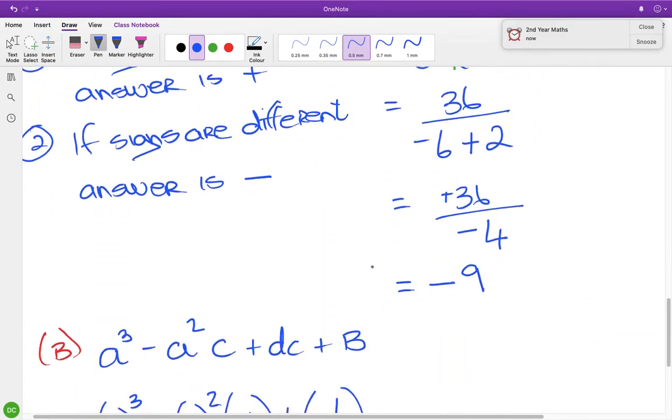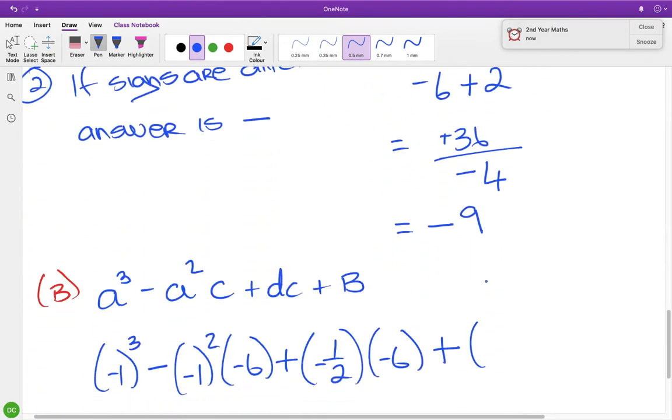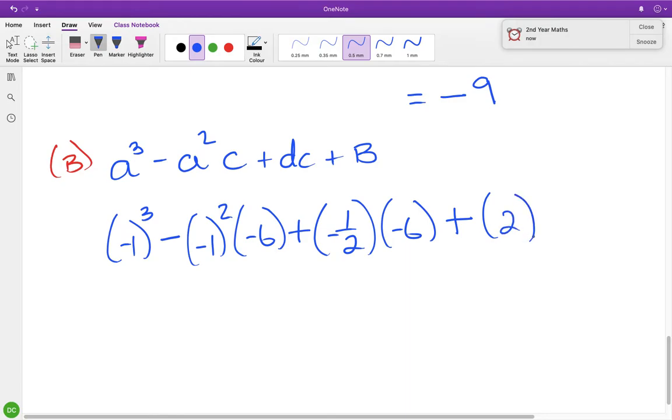C is minus 6. And then plus, and B is a 2.